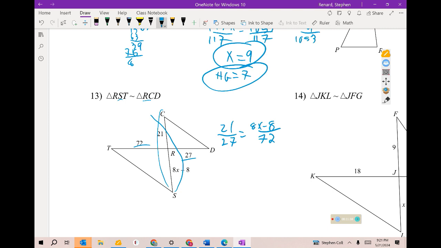Okay, so I'm done doing multiplication and long division. So I'm grabbing my handy dandy calculator so I can find it. Got it. So we end up with 27 times 8x minus 8 equals 21 times 72.